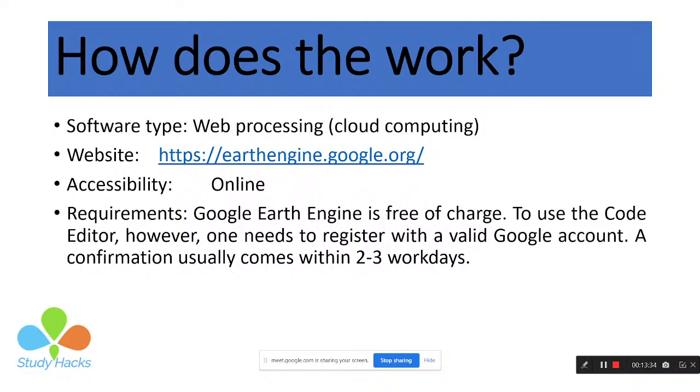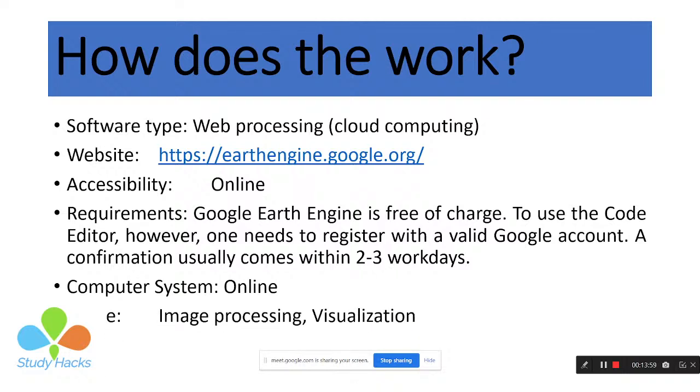Then you can get the confirmation within 2 or 3 working days, or immediately, from the Google Earth Engine authority. When they approve your application, you can easily use their code editor. In this code editor you can write your code, and your computer must be online.